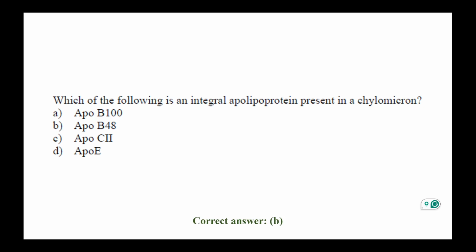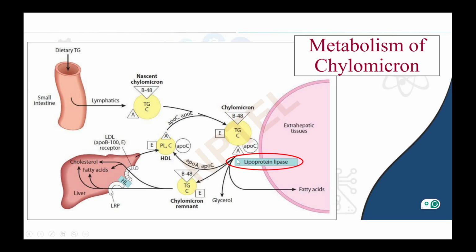So if ApoB48 is present, that means that particular lipoprotein is chylomicron. So it's like a marker. This is the metabolic pathway of chylomicron. In the previous class, if you remember, we discussed that chylomicrons are the lipoproteins that carry the triacylglycerol from the diet.